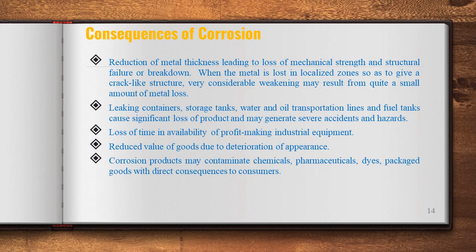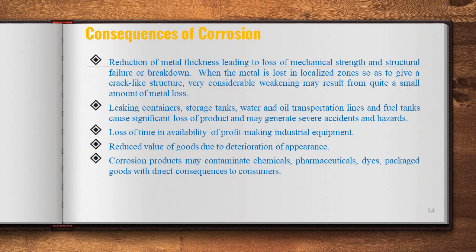The consequences of corrosion are reduction of the metal thickness leading to loss of mechanical strength and structural failure or breakdown. When the metal is lost in localized zones so as to give a crack-like structure, very considerable weakening may result from quite a small amount of metal loss.